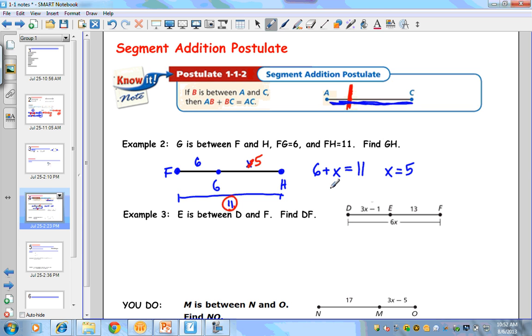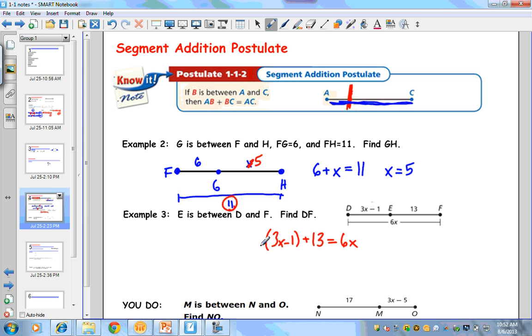Good. Now, we have to raise the level of difficulty and start putting 3x minus 1, a bunch of expressions. Let's see, E is between D and F. Find DF. Well, once again, using the segment addition postulate, we would take 3x minus 1 and add it to 13 to get 6x.